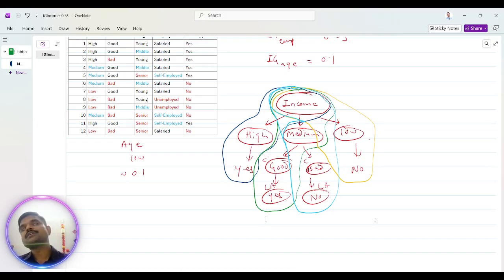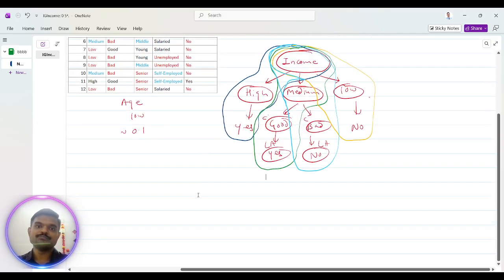And how this decision tree works, for example, if we get another customer, I will just show you.